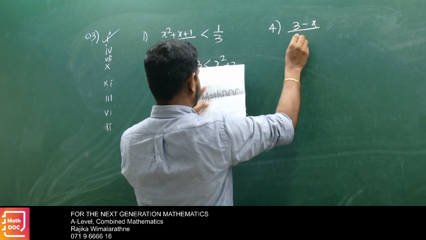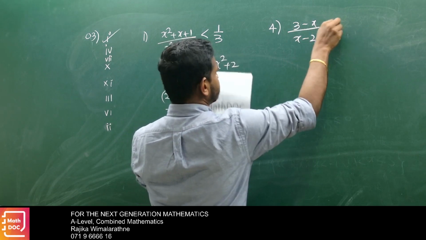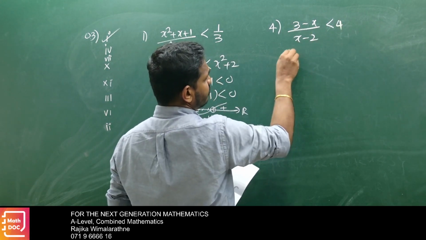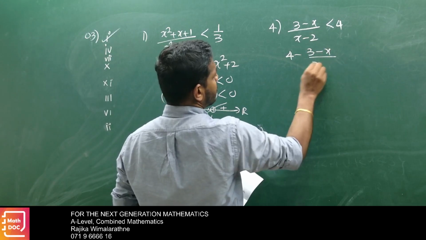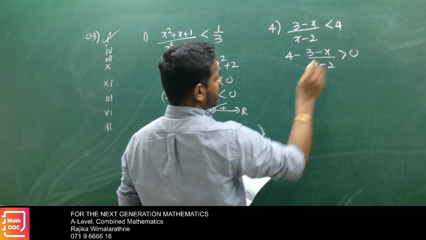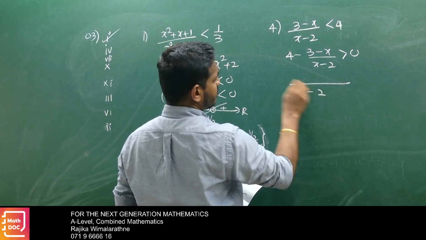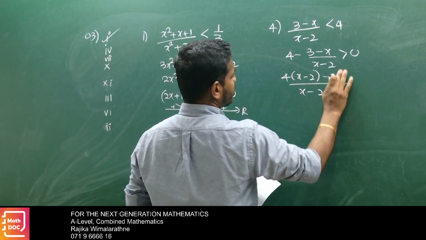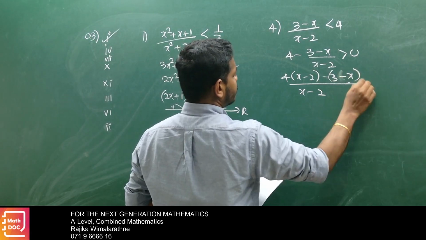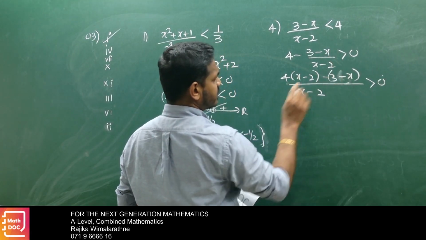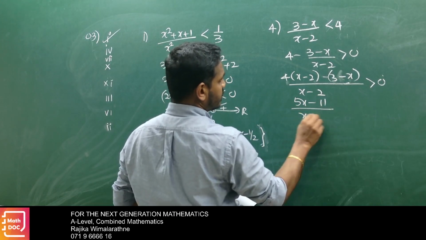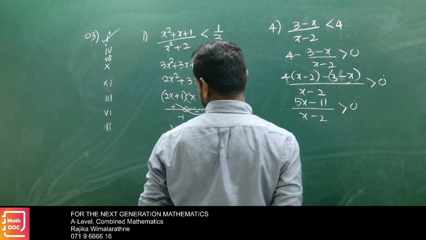3 over x minus 2 less than 4. Take this on the other side. Then get common denominator. Do simplification carefully. 4x minus 8 minus 3, 4x minus 11 over x minus 2 greater than 0.